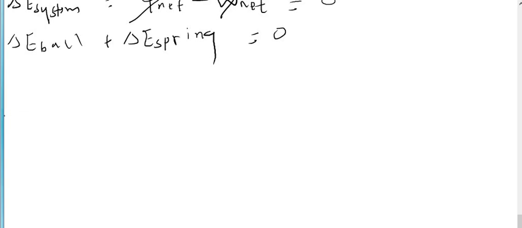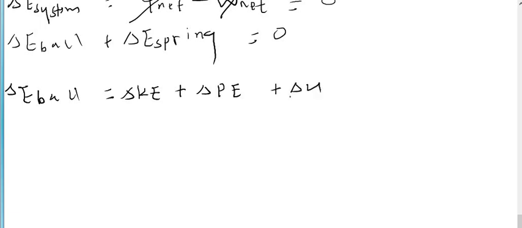For the ball, we have kinetic energy and potential energy, so let's find them separately. So dE of ball, as we did last time, is equal to change in kinetic energy plus change in potential energy plus change in internal energy. This is 0.